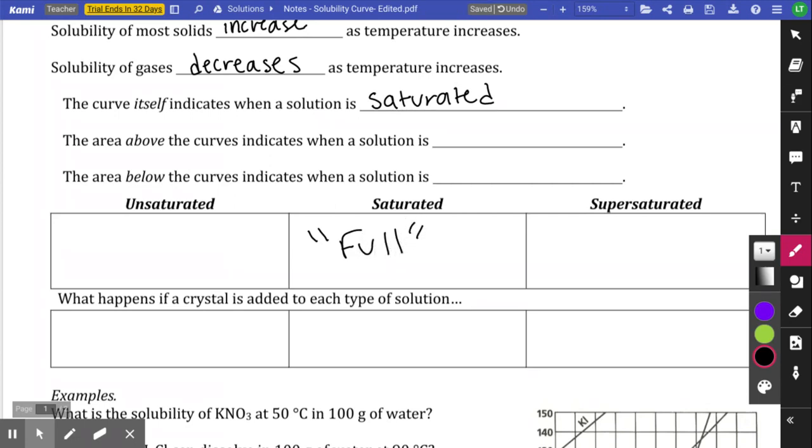It's full. And so what that means is that we have dissolved the maximum amount of solute. Our water or whatever our solvent is can't hold any more.